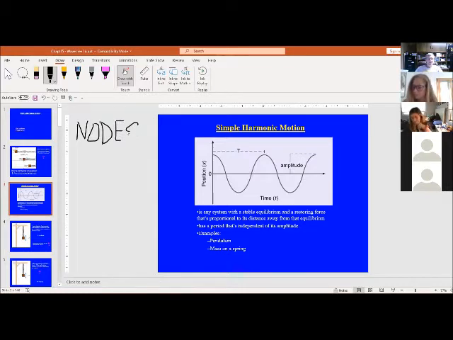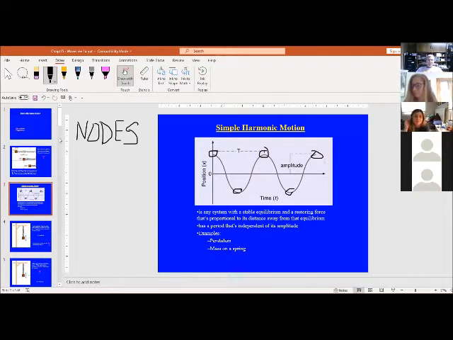Since we're talking about nodes, what else can we also call the peaks? Remember, these can be called peaks and crests. And these down here are called troughs. What's another name we can call those as well?